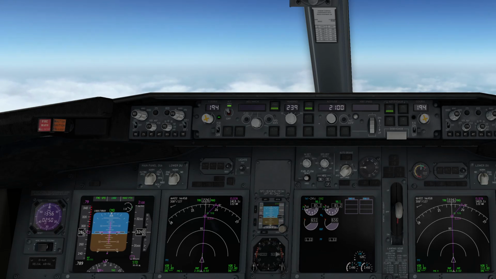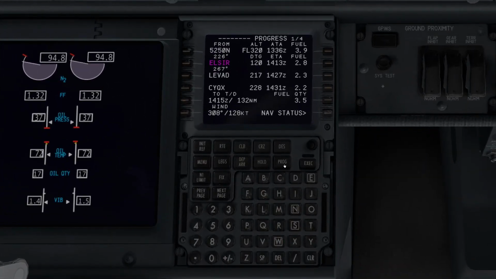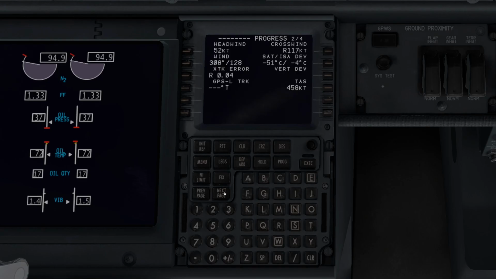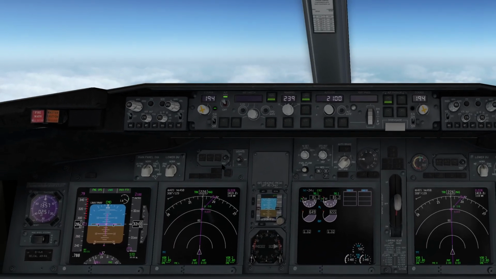Of course, this is due to the wind, which was mostly a headwind, and we still have a strong wind, but it's mostly crosswind for the time being. You can check the component. So we have a headwind of 52 knots and a right crosswind of 117 knots. 52 headwind is still significant.